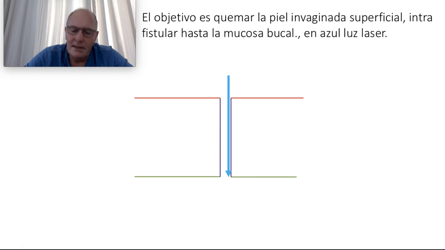The question is, the general surgeon or the plastic surgeon who are not familiar with this kind of procedure must remove the skin of the superficial area, but also they need to remove the full fistula, because if they close here in the superficial skin, they leave this hole that is closed here.